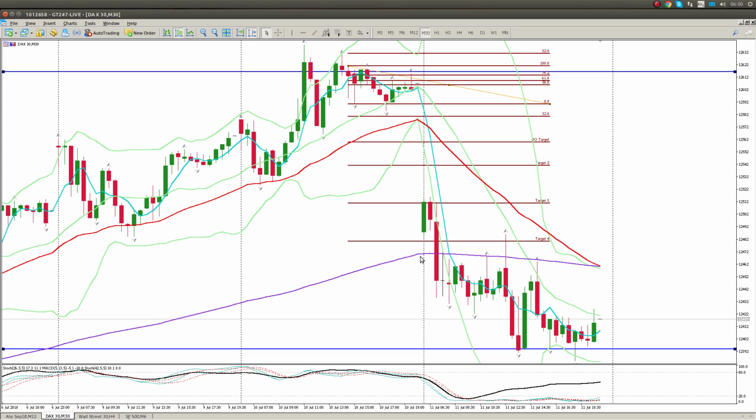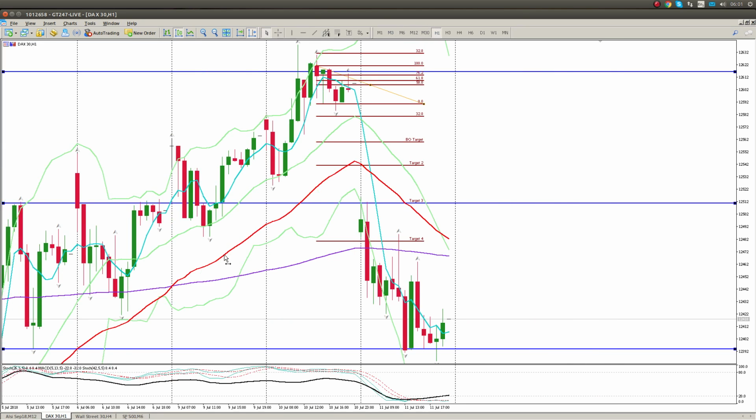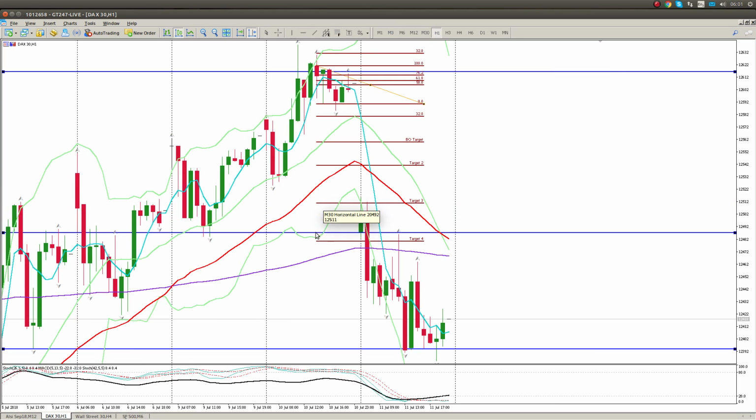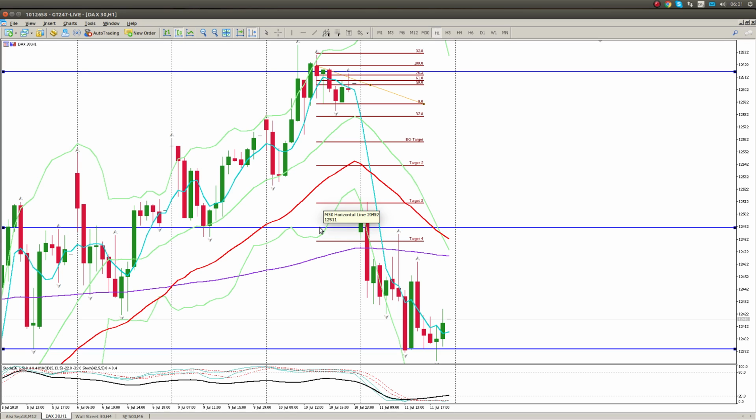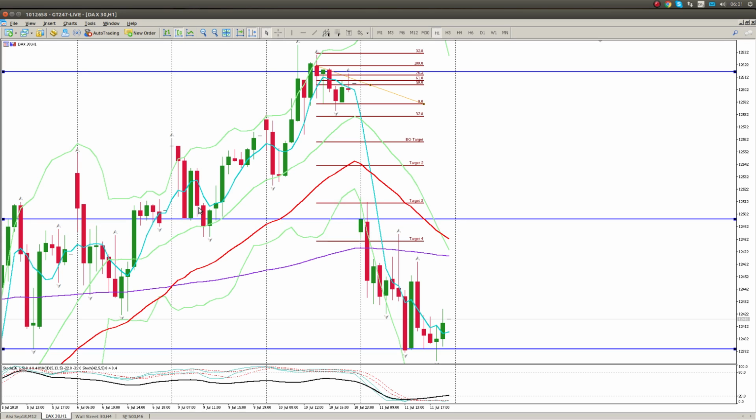Okay, and if we just have a look here, you see you had the first half hour, which was a move to the upside, and there was no real target, and this is where it becomes pretty difficult. So if we go to the hour, you can see the area that you would be expecting to retest a breakout would have probably been there.